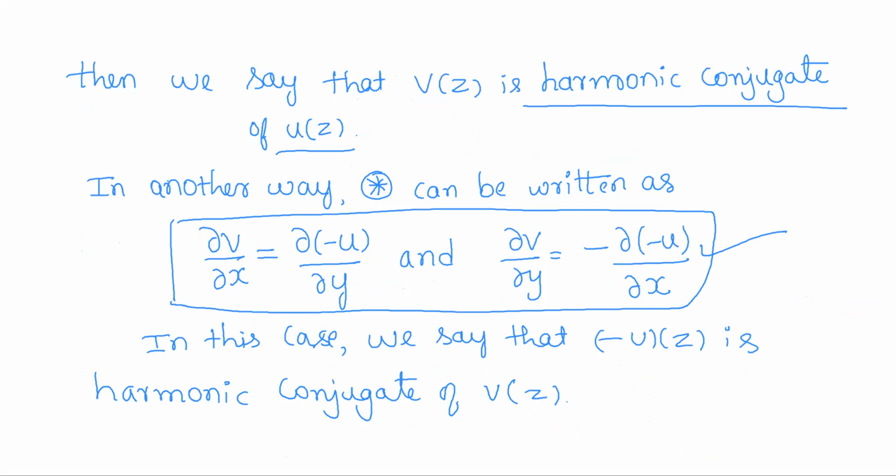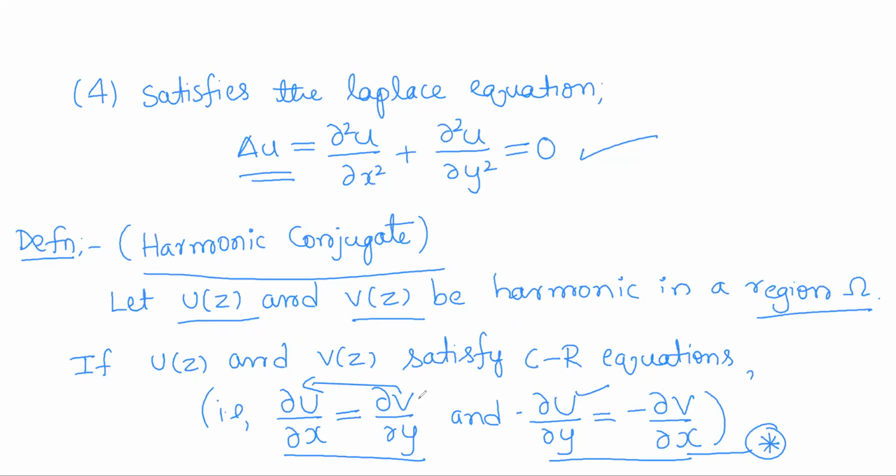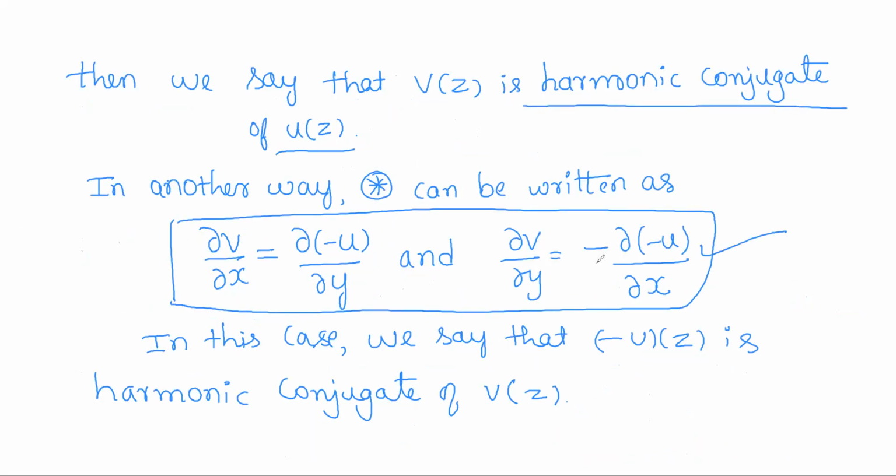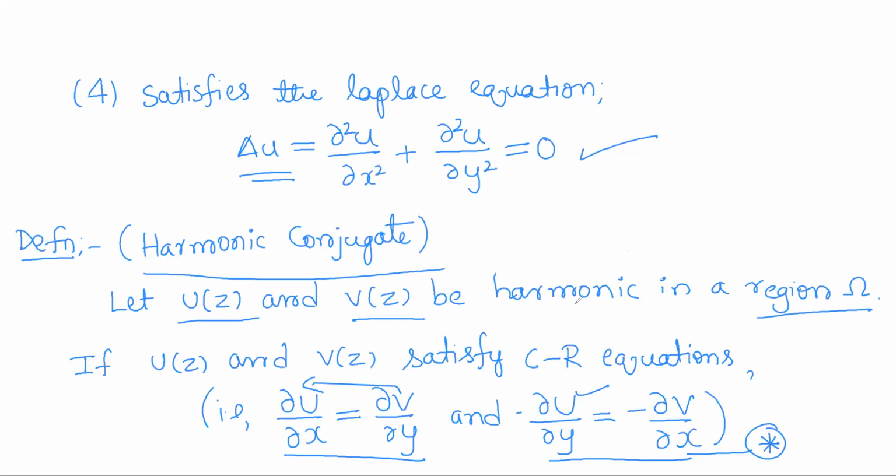And the first equation, ∂u/∂x equals ∂v/∂y, can be written as ∂v/∂y equals minus of minus ∂u/∂x. So these are the two equations we have written using these CR equations only. Just we have modified them, right?